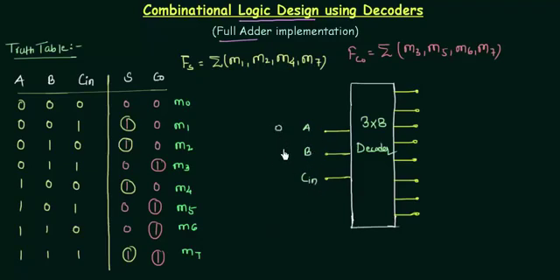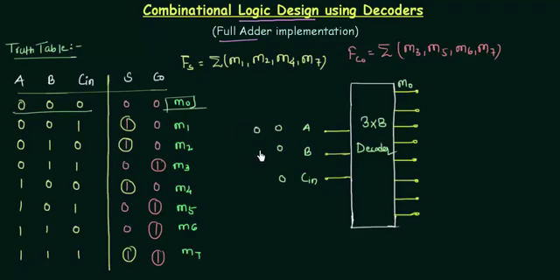Depending upon the different combinations, we have different outputs, because you know the functionality of the decoder. Let me tell you once again, if A is 0, B is 0, Cin is 0, it means that this output will be considered, and this output is nothing but your M0, because when A, B, C are 0, 0, 0, we have M0.